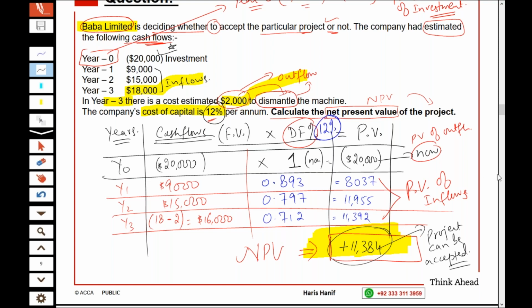Net present value. Okay, Usman, I am displaying the last slide.